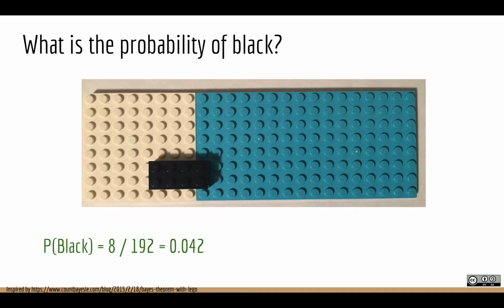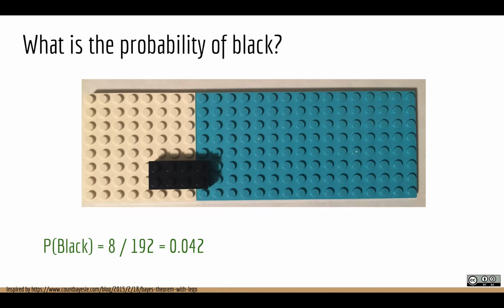This is one of those foundational pieces in Legos. It's a 2x4, 8 pegs, right? So naively, the probability of landing on black is 0.04, right? Because it's 8 divided by 192.